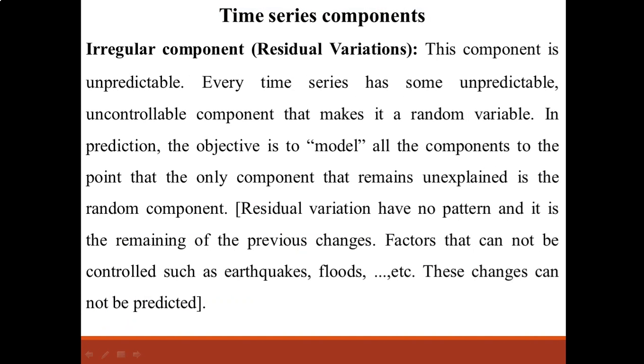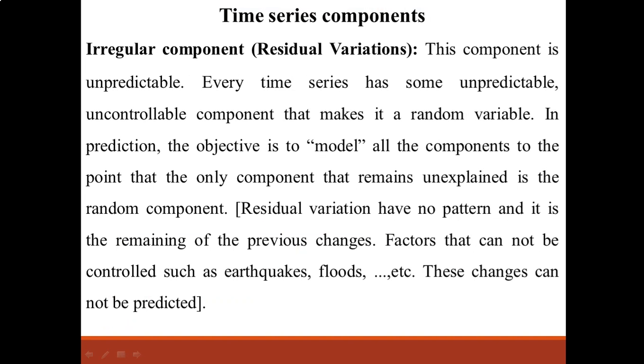Finally, the irregular component or residual variation. This component is unpredictable. Every time series has some unpredictable and uncontrollable components that make it a random variable. In prediction, the objective is to model all the components to the point that the only component that remains unexplained is the random component.